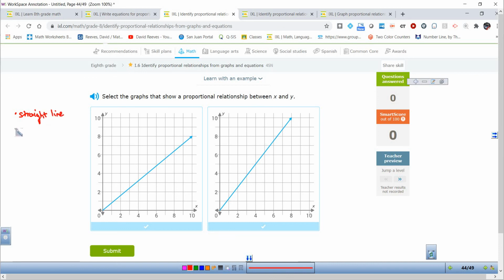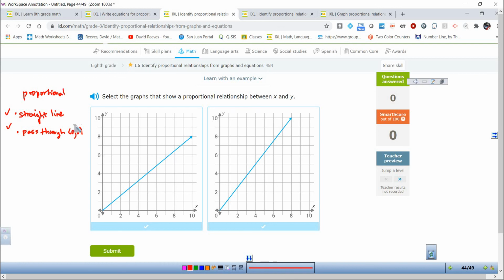Now in math, all lines are straight, all right, but many times students don't think of lines as having to be straight, maybe because they've stood in some lines at like Disneyland that go all around and we call them lines, but it must be a straight line and it must pass through the origin. It must pass through 0, 0. If it meets those 2 conditions, then it will be proportional, okay?